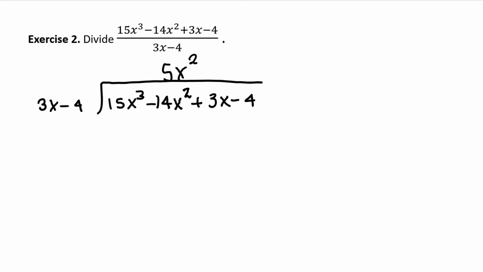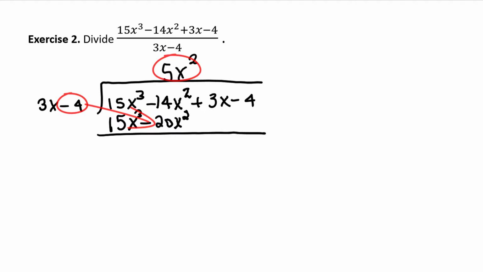So 5x squared times 3x will give you 15x cubed, and then 5x squared times negative 4 gives you minus 20x squared. Remember, as in doing arithmetic long division, we subtract. 15x cubed minus 15x cubed gives us the desired 0.